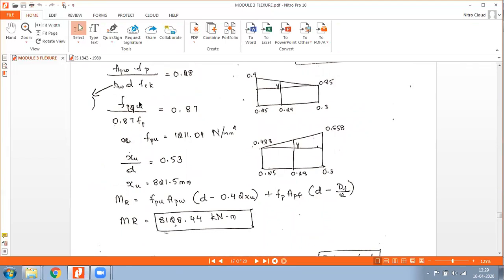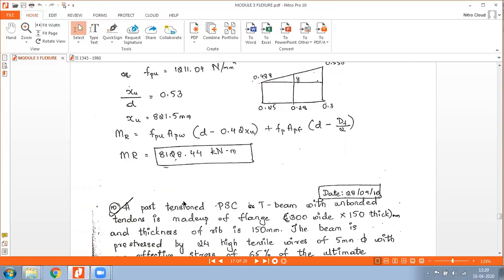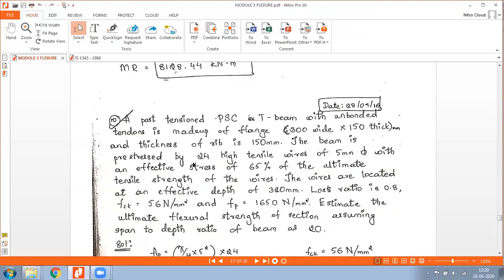On simplification, on interpolation, we get Fpu value and also Xu value from table number 11. Once you know Fpu and Xu values, you can calculate the moment of resistance of the section.